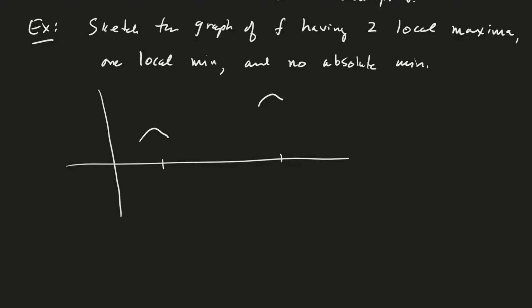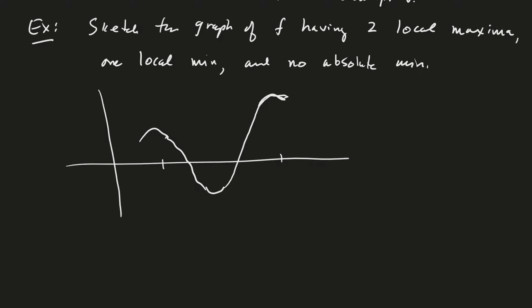One local min. Notice it would be natural to put the local min between the two maxes, right? We've got a happy face. And so we have a pretty easy graph so far. Now the problem is we do not want an absolute minimum. How's that going to work?